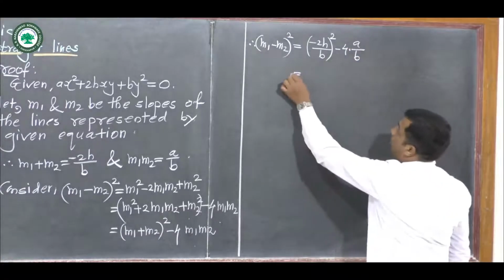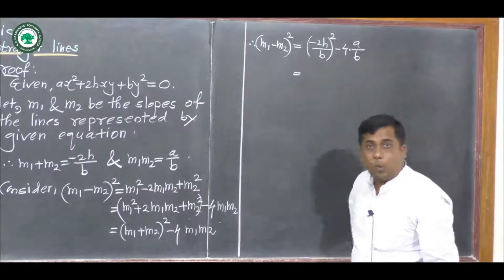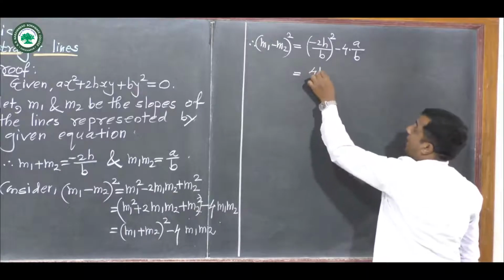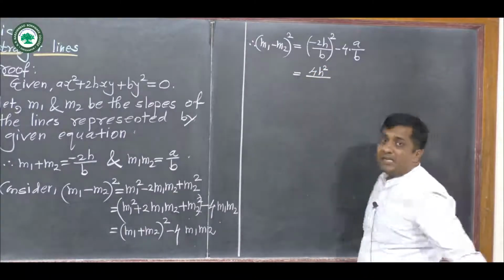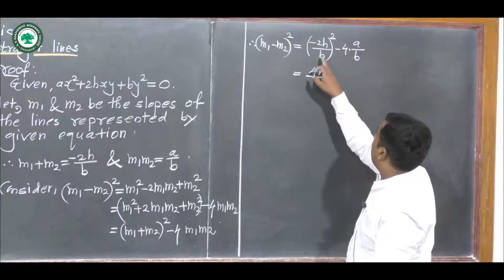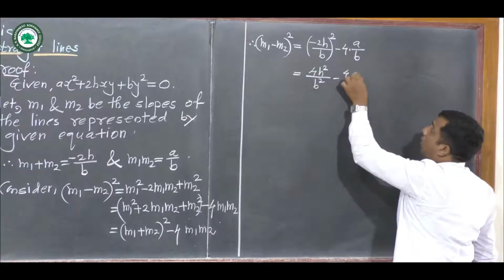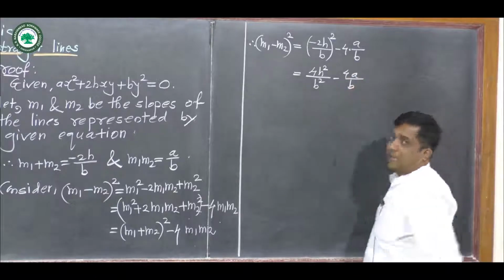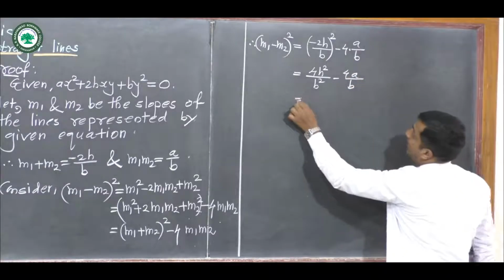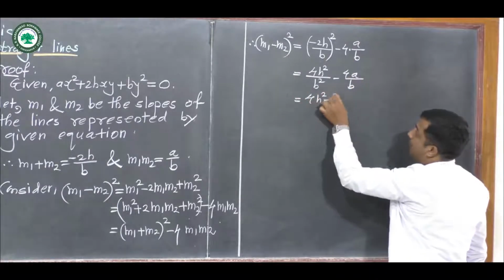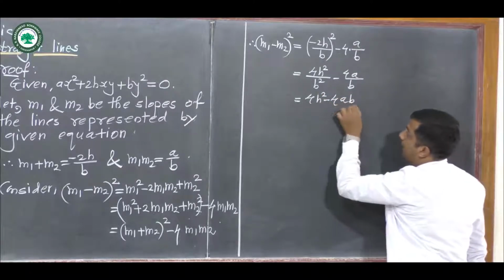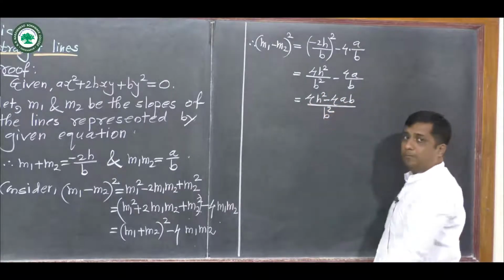This is equal to, we know minus 2h bracket square is 4h square, divided by b bracket square, which is b square, minus 4a upon b. Then we get 4h square minus 4ab upon b square.